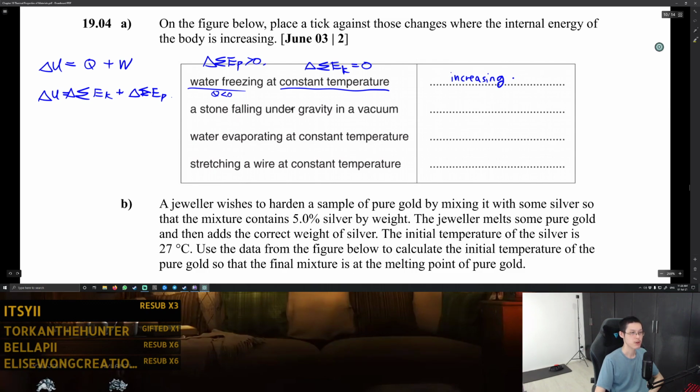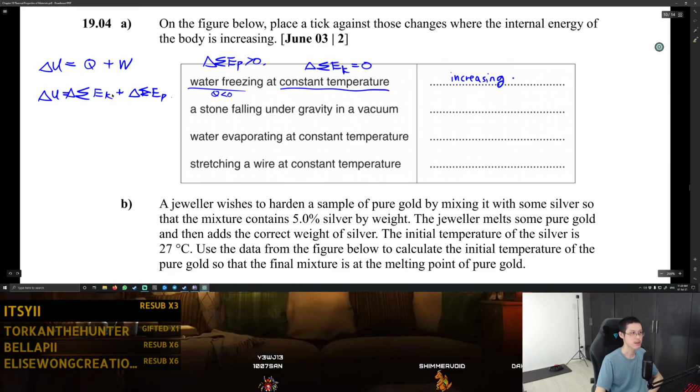So a stone is falling under gravity in a vacuum. If it's in vacuum, that means there's no air resistance, because normally if you have air resistance, then you're going to get friction on the stone as it falls, and friction is going to cause the temperature to go up, which means your mean kinetic energy would go up, which means this term would be positive, right? But because it is in vacuum, there's no air resistance, therefore we can assume that the temperature is constant.